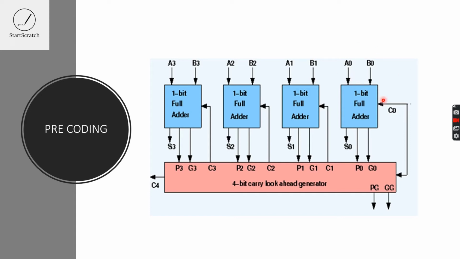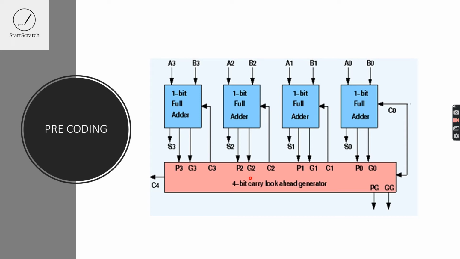At 0 instance of time, you give A0 to A3, B0 to B3 and C0 to these blocks, and at 5 nanoseconds you get P0 to P3, G0 to G3, and C1, C2, C3.